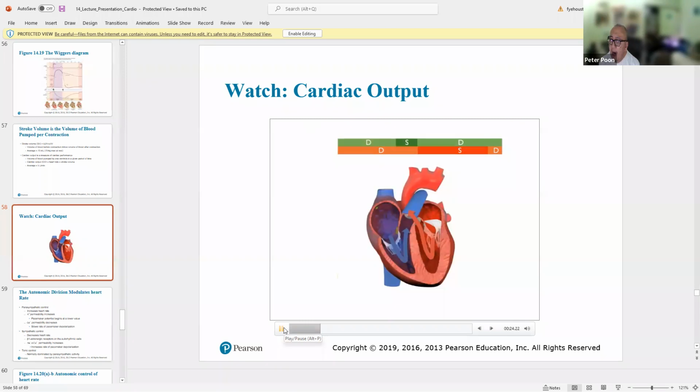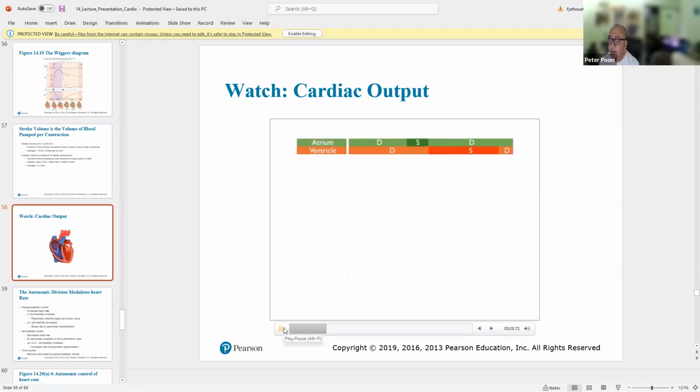Now we can see the unwound clock depicting one cardiac cycle or heartbeat. Notice the 4 phases of the cardiac cycle. Next, we see the pattern of alternating periods of systole and diastole of the atrium and ventricle. But now we will examine the timing of other changes that occur during the cardiac cycle.